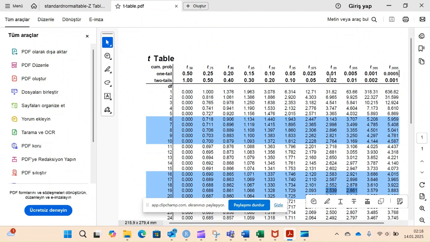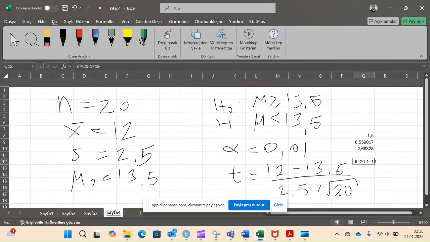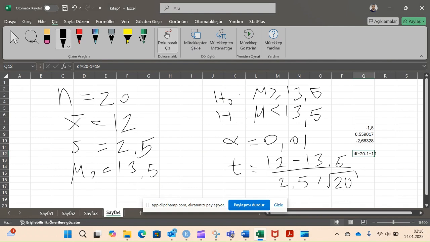As it's a one-tailed test, the p-value is between 0.01 and 0.005. So the p-value is less than 0.01 and higher than 0.005.